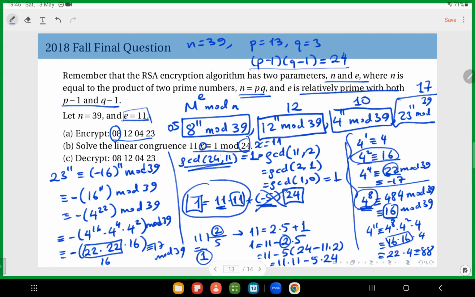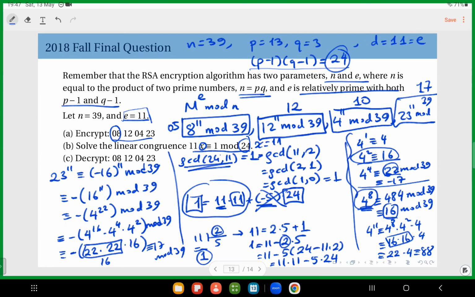And therefore, what we have computed here is what is usually referred to as D, the multiplicative inverse of E. In this case, that's equal to itself under modulo 24, p minus 1 times q minus 1. So that's going to be required when we attack part C, because in part C, we want decryption.